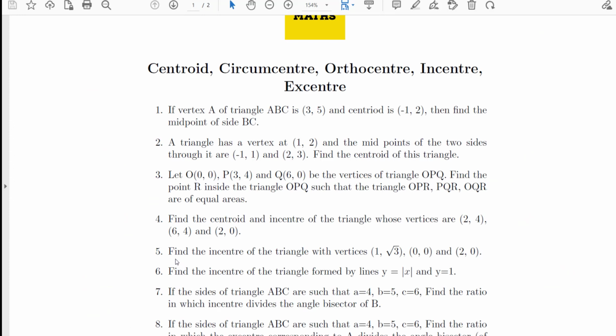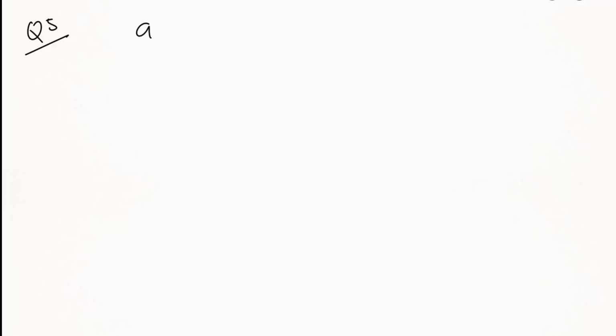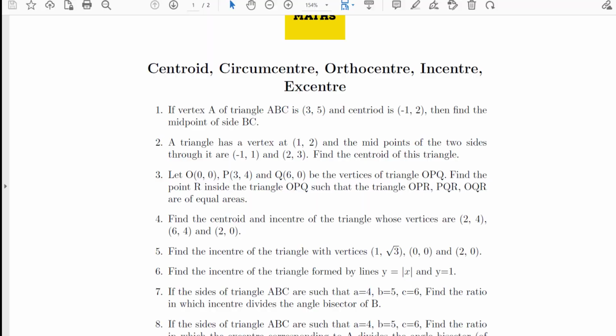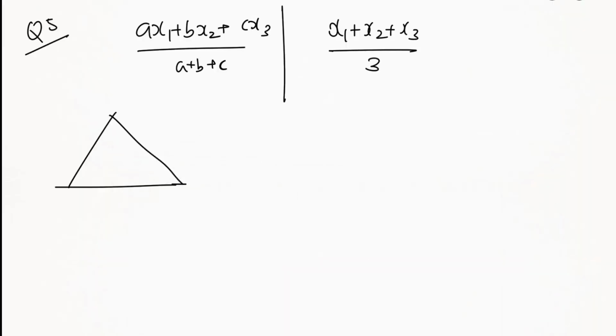Question number 5 is find the incentre of the triangle with vertices 1 root 3, 0 0, 2 0. Actually we don't need to apply the incentre formula in this question. We can directly use the centroid, and the reason is that the triangle formed by the given vertices is an equilateral triangle.